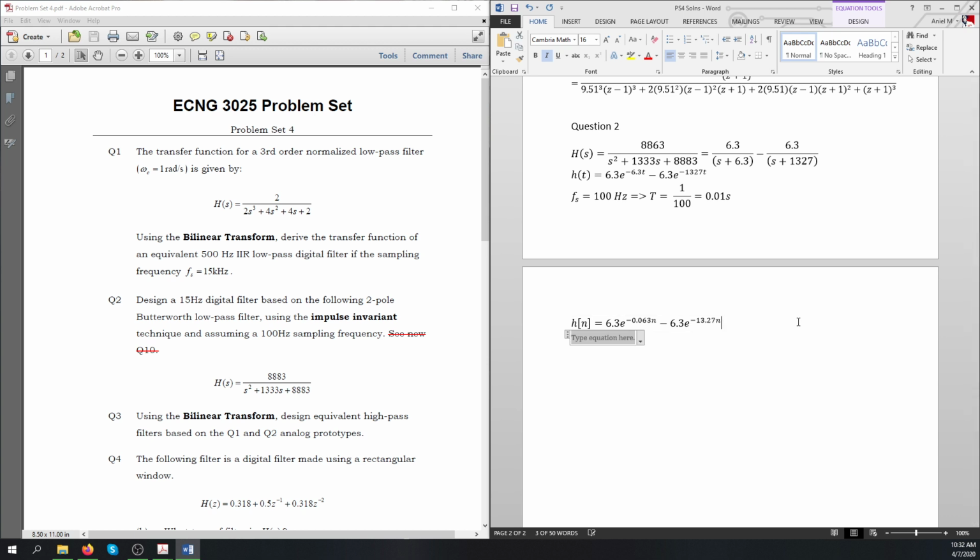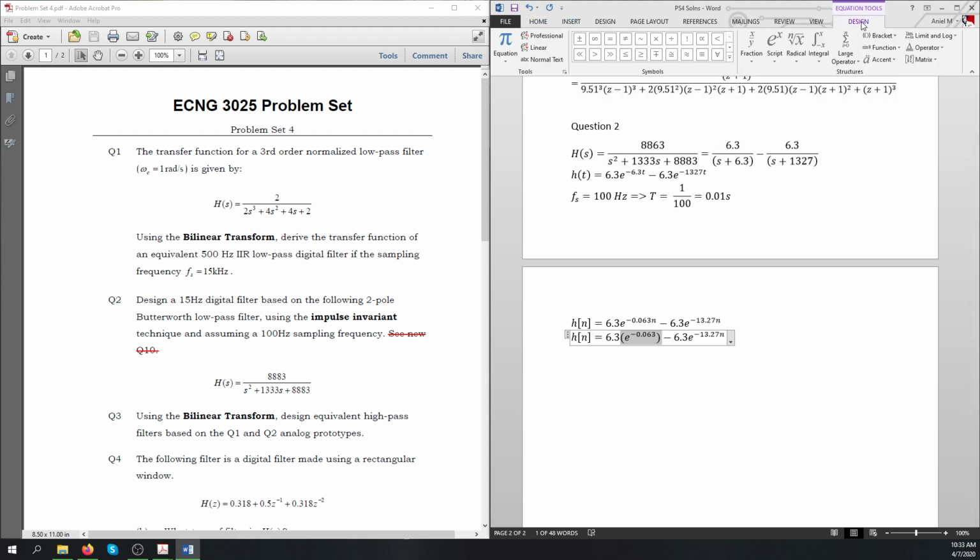So then we could separate out the powers here accordingly for the exponent. Let me copy this just to make life easier. So you can say 6.3 times this part here, and this entire thing will go to the power n. Similarly we could do this for the other exponent as well. This is just splitting the powers accordingly.